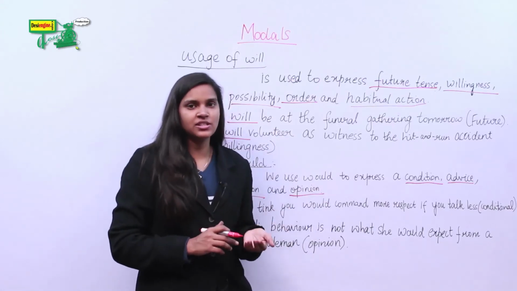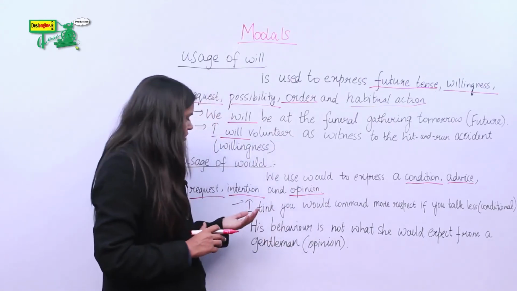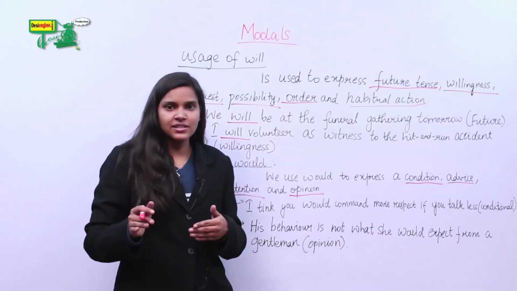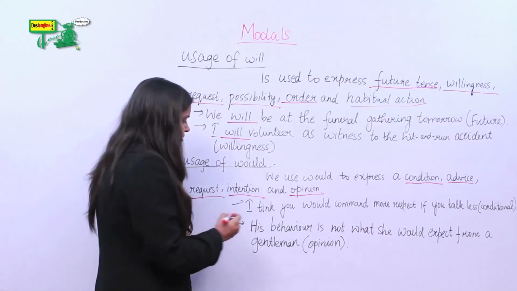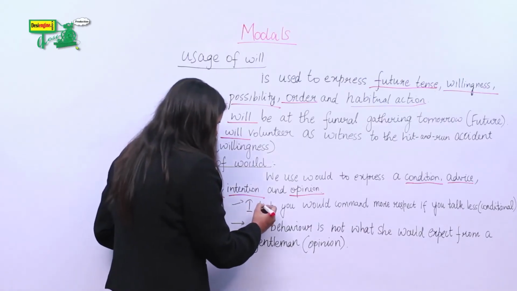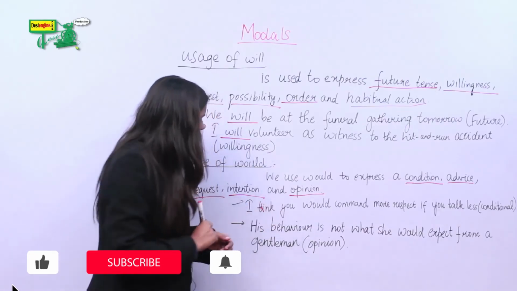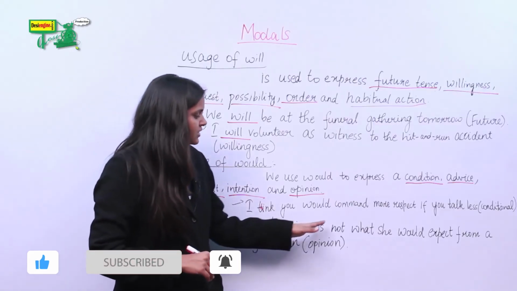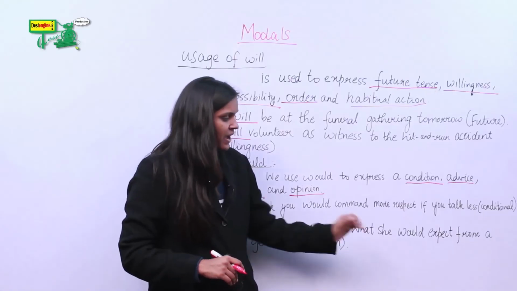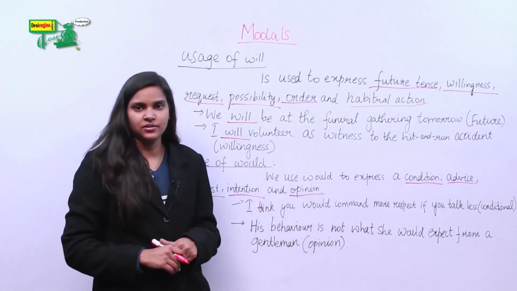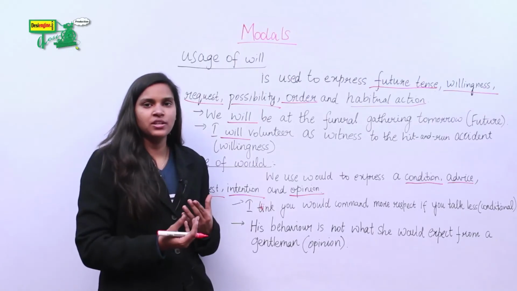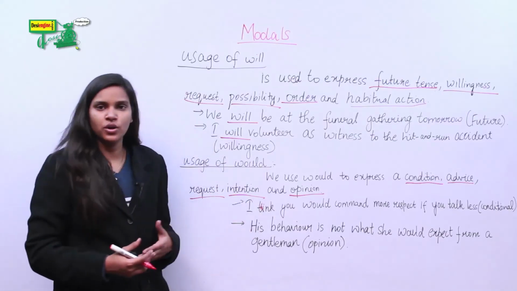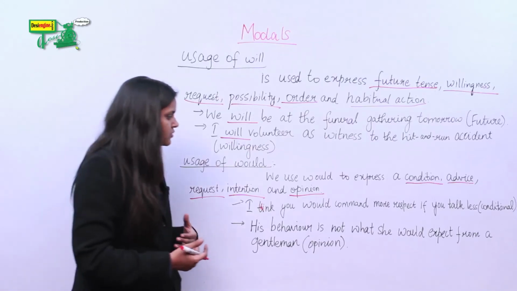This is a conditional sentence because it talks about a condition where if you talk less, then you would command more respect. The next sentence is: his behavior is not what she would expect from a gentleman. This is an opinion held by some person. Therefore, usage of the modal verb would.